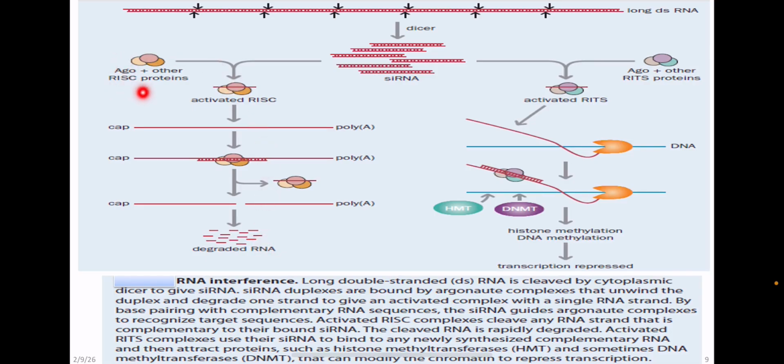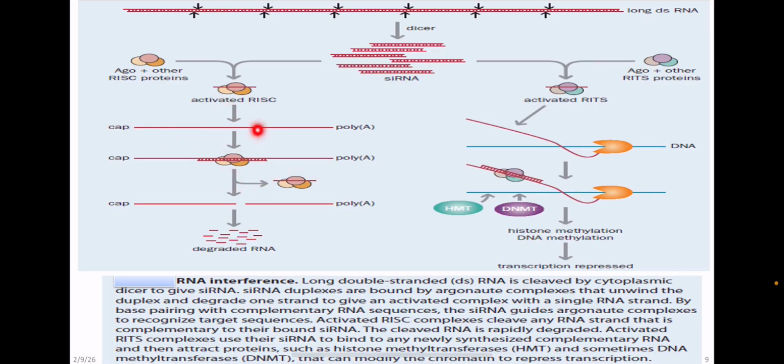When you add the RISC proteins to the Argonaute and the siRNA comes in, it forms an activated RISC complex. So the Argonaute RISC proteins plus the siRNA form an activated RISC complex. The function of the siRNA is just to provide a complementary sequence that will help it identify a particular place on the RNA you want to degrade.